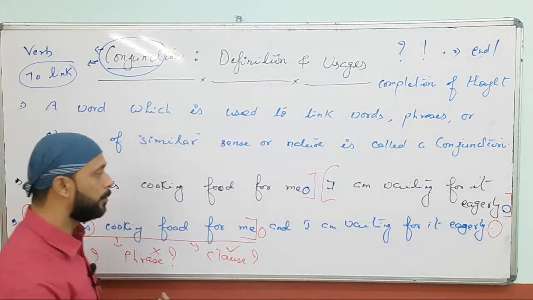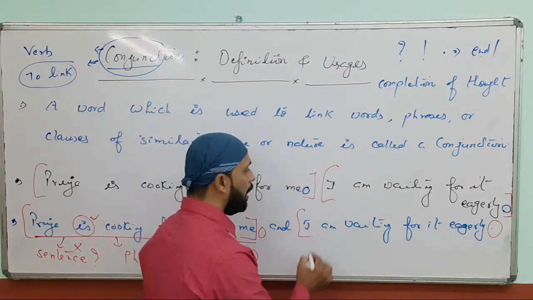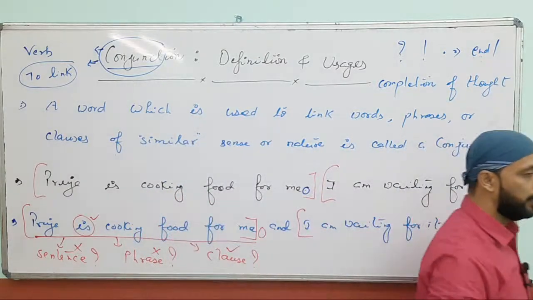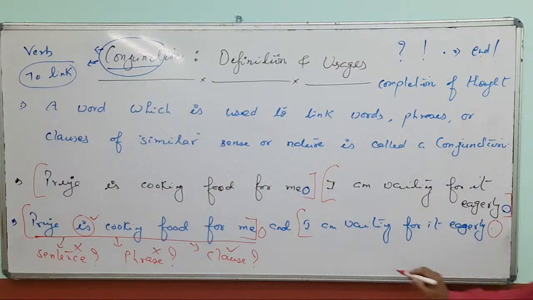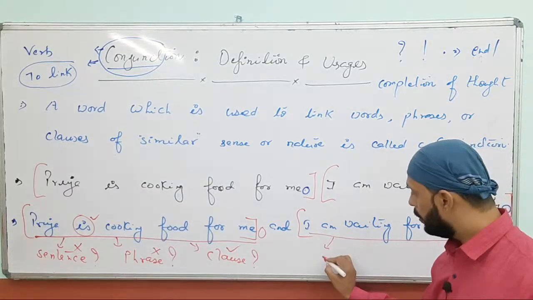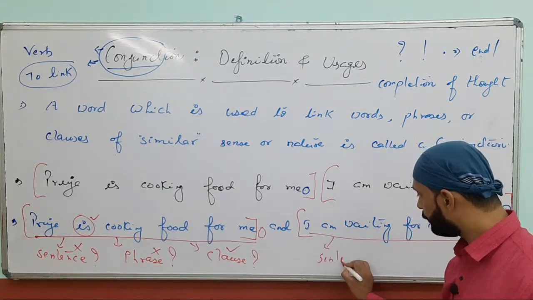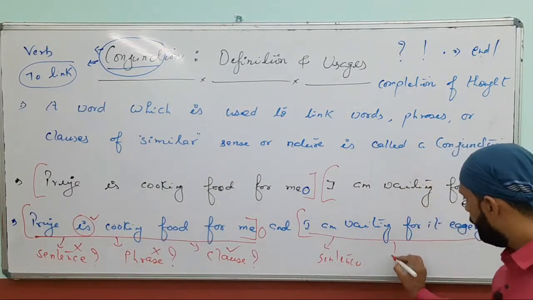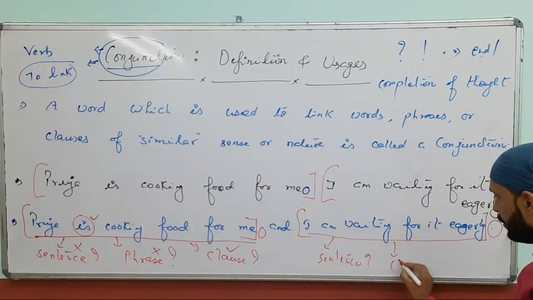Okay, now I'll move to the next one. I am waiting for it eagerly. In this sentence, what is it? Only this portion. Try to understand. My question is here. What is it? Is it a sentence? Is it a clause?